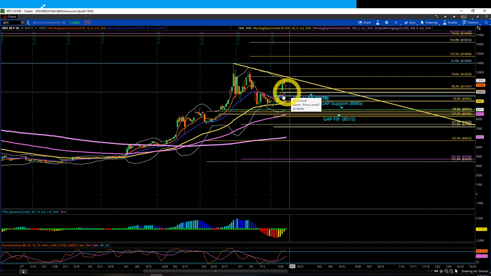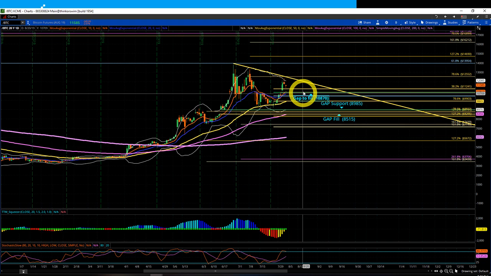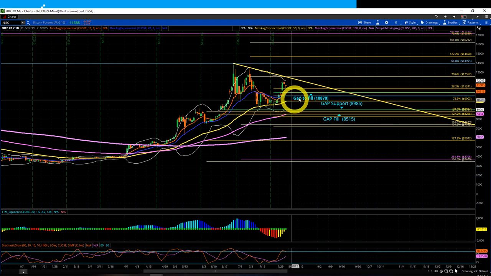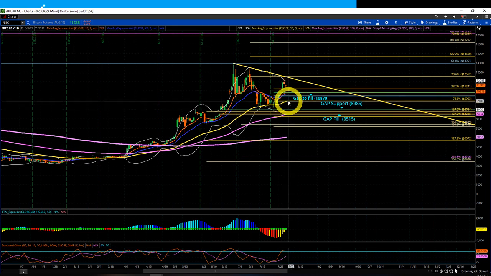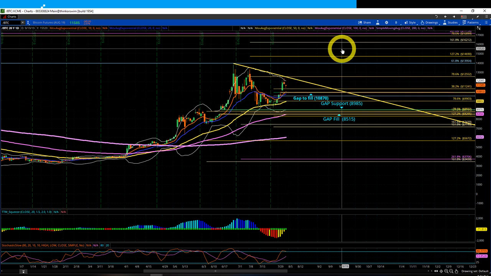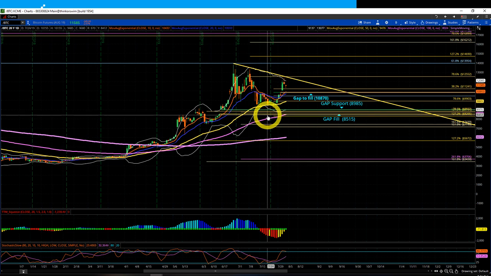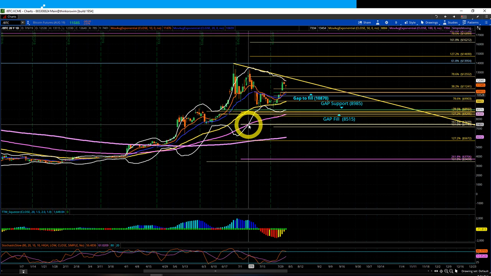So for right now, staying above the 10 and the 20, that would be super bullish. But I would almost prefer that it come back and maybe fill this gap and hold the 50 EMA and then go higher. But we'll have to see.